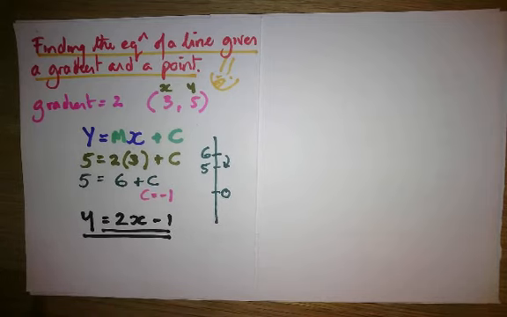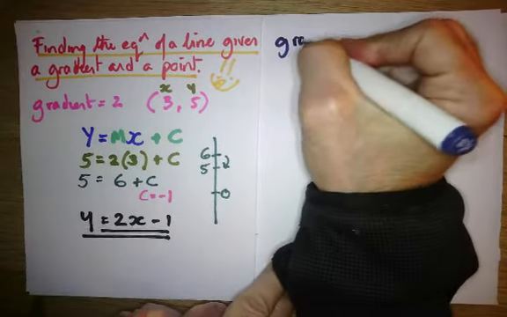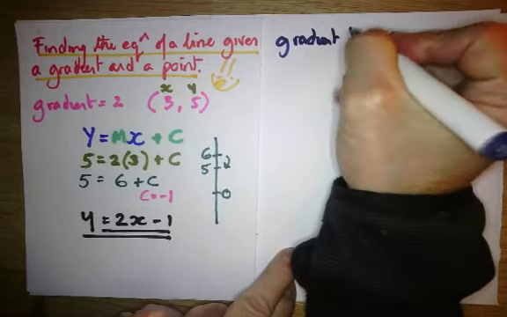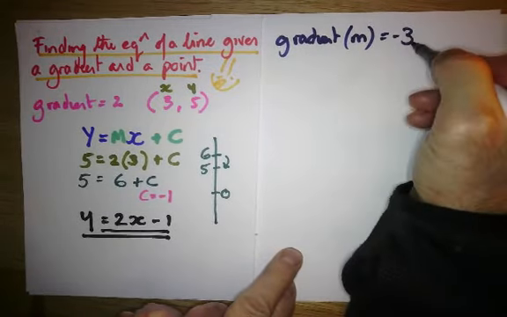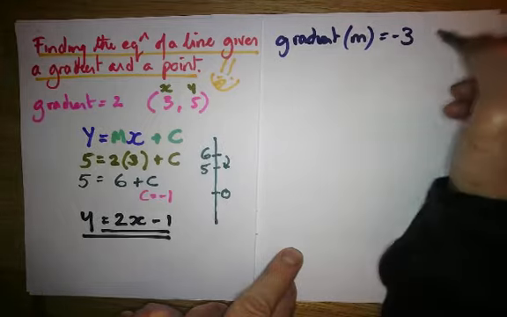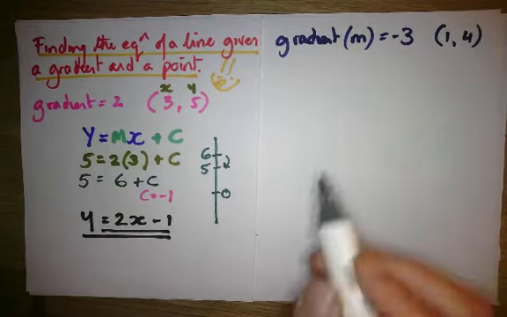Let's try a couple more questions so we really make sure we get this. Okay, let's try this one here where we step up a bit. So we say the gradient, don't forget we call that m, is going to be this time negative 3. Now remember what happens there, and it goes through the point (1, 4).